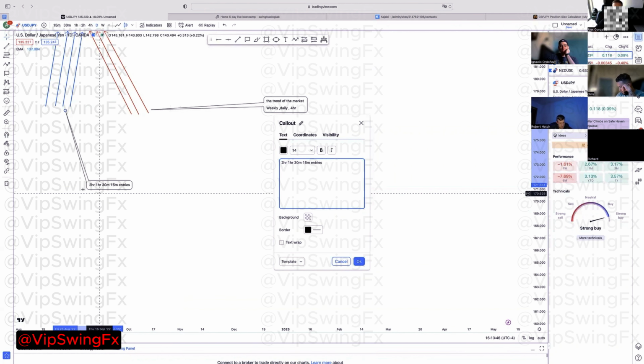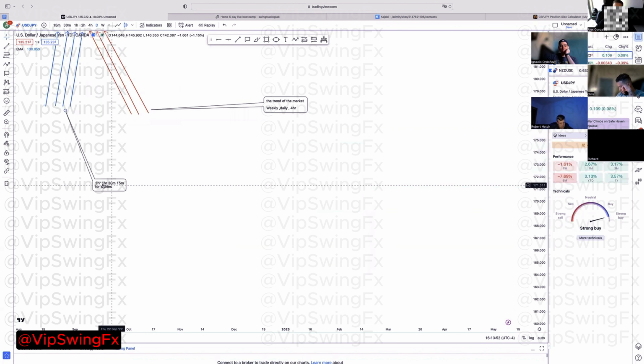These are the only time frames that I use for entries. Now, do I have a specific time frame that I look for an entry signal, like the 1-hour or 30-minute? No, there's no specific one. I only use these time frames right here.